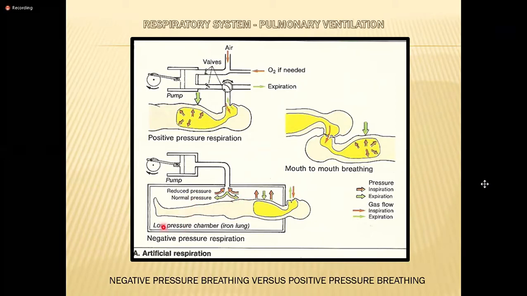In negative pressure respiration, the air is pushed towards this low pressure chamber. Then the iron lung is the one doing the breathing for the patient, because the respiratory muscles are paralyzed.